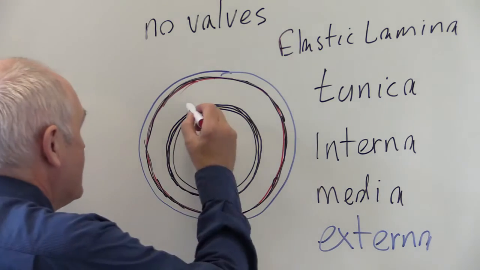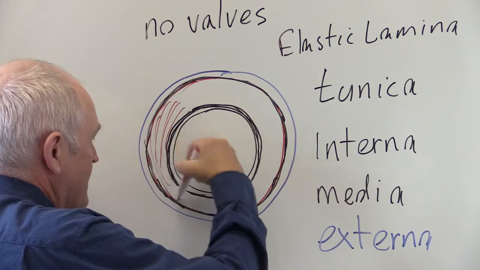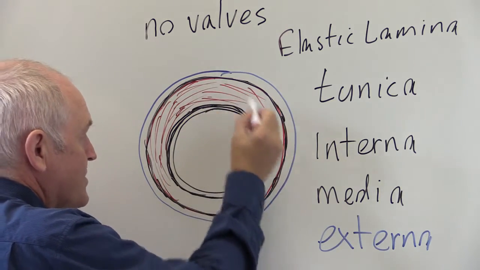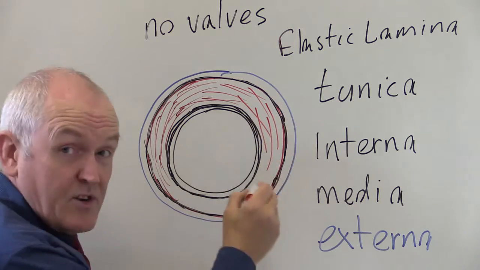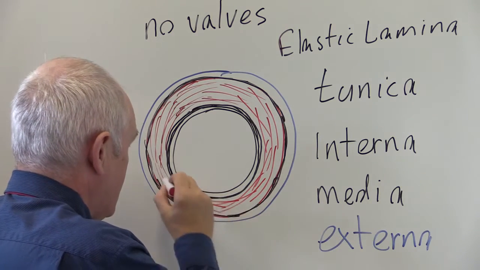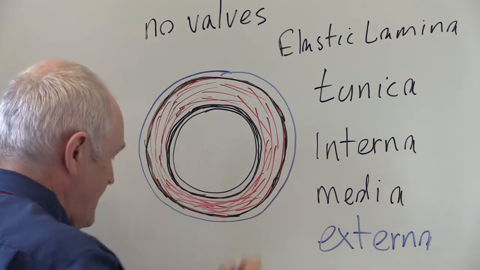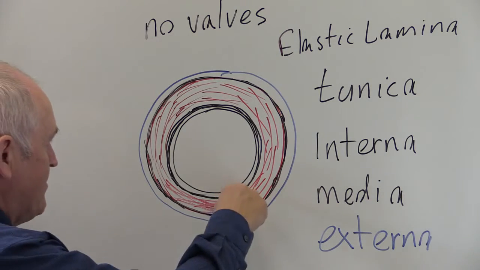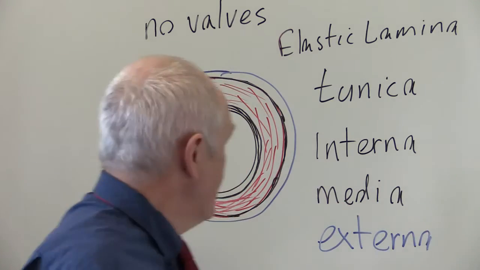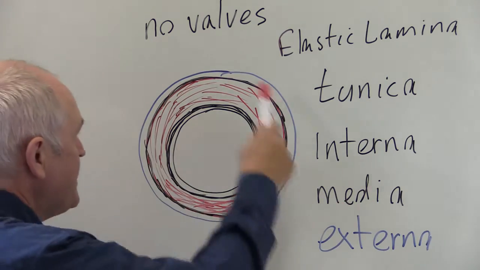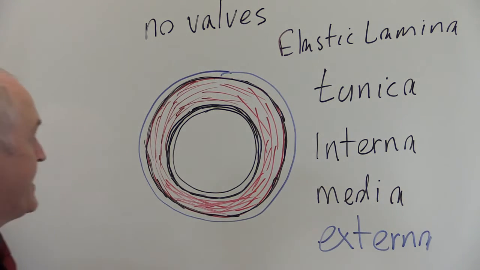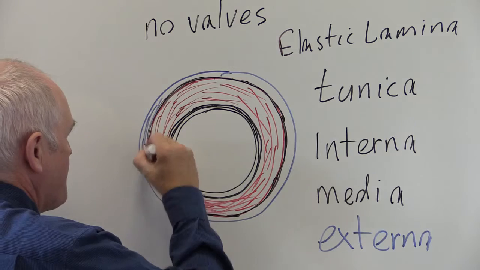Then in the middle layer here, we have mostly smooth muscle with some elastic fibres, a little bit of collagen as well, forming the muscular coat of the artery. So vascular endothelium on the inside, lining the lumen to give a nice smooth flow of blood. Then the media with its elastic lamina, and then the adventitia, or the externa, around the outside.